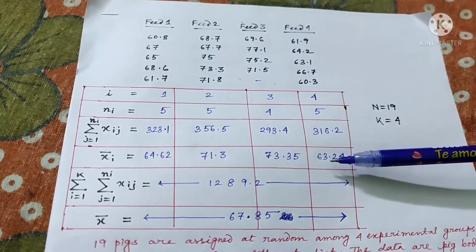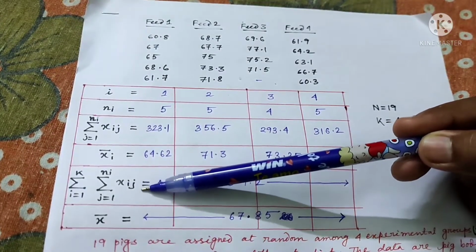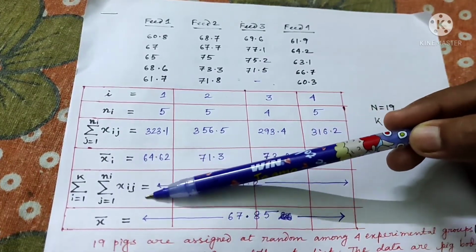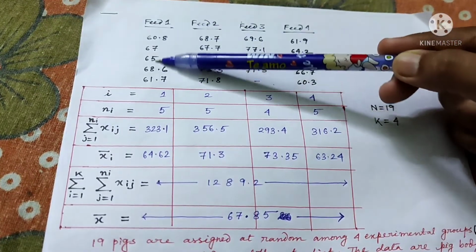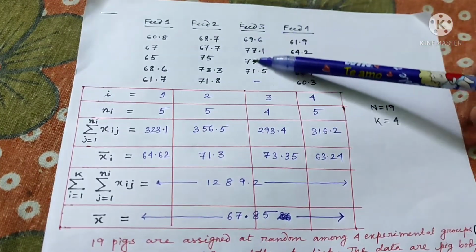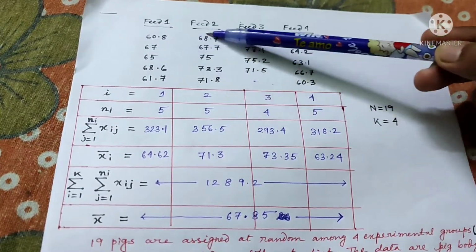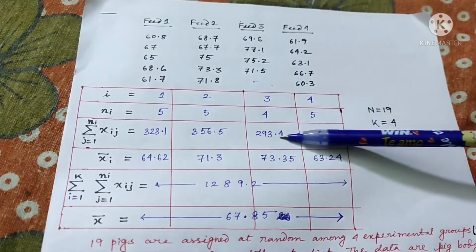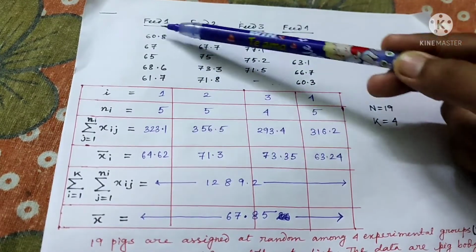Now coming to the next thing, the summation of Xij, which is the summation of the whole population. That means it accounts for the summation of all of these numbers. During the examination it becomes very difficult to add up all these numbers one by one, so you can just add up these 4 numbers, because these 4 numbers are actually the addition of each group.